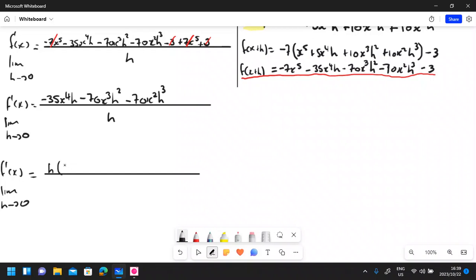We'll be left with negative 35 x to the power of 4. Remember, we had only one h, so we are fine. And then minus 70 x to the power of 3 h. And because we had h squared, we took out 1, so we have 1 h there. And then we're left with another 70 x squared h squared. And that's it.